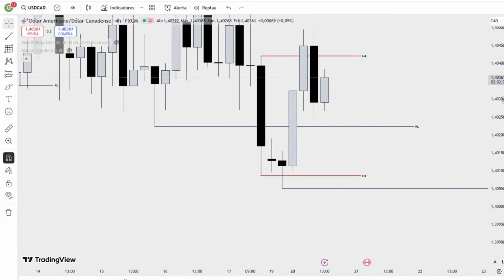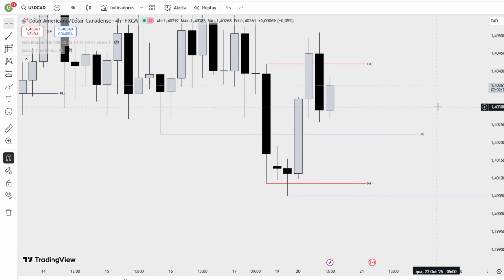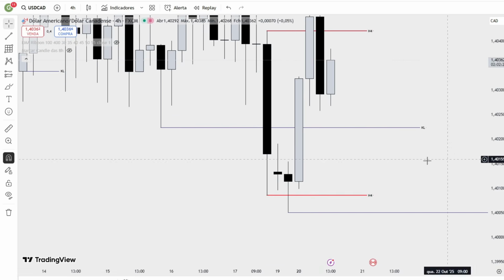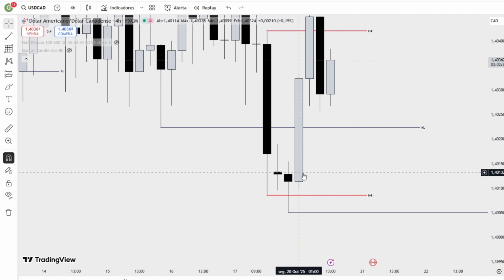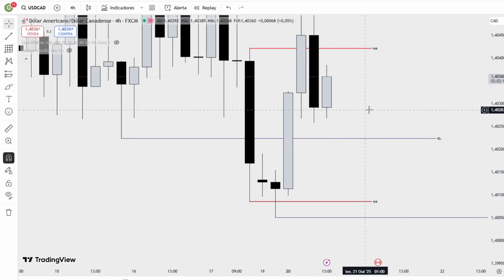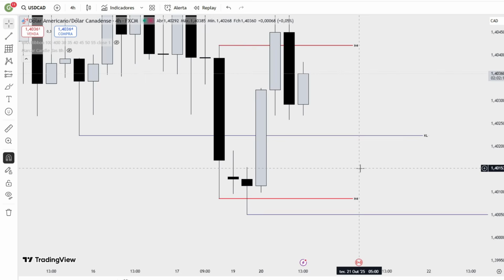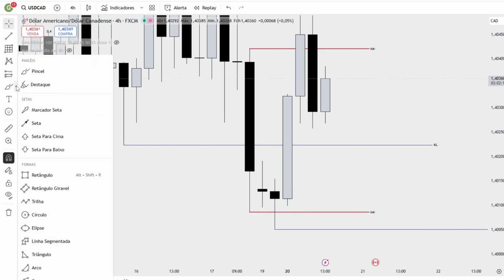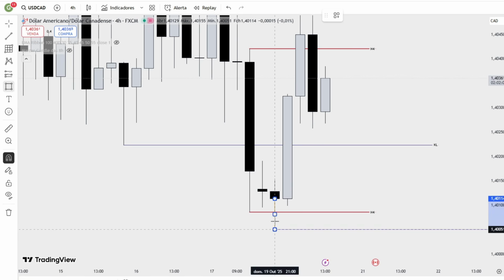Your distribution candle is always the best candle to do your entries. Not here, okay? If you just look at this time frame, the 4-hour time frame, your entry has to be somewhere on this candle.